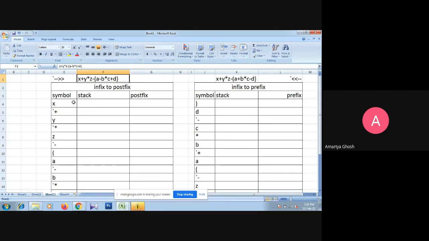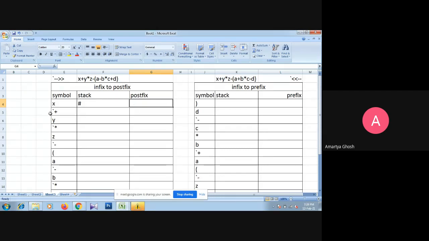So right now, when we read X, the stack is empty, and that is represented by this hash. Okay. And postfix, when we read any operand or non-operator symbol from the symbol column, that will be directly written into the postfix.